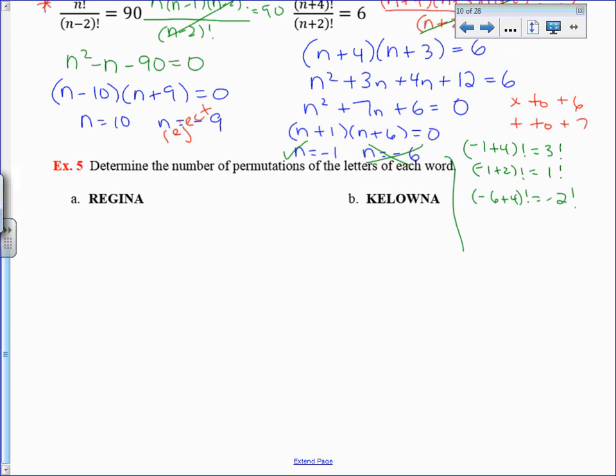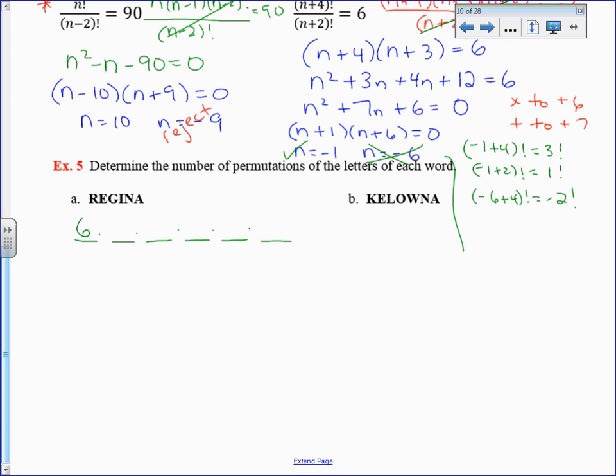The last example is similar to questions we did yesterday, but it's using factorial. Yesterday we laid out the lines, right? Like I've got Regina, which is 6 letters.